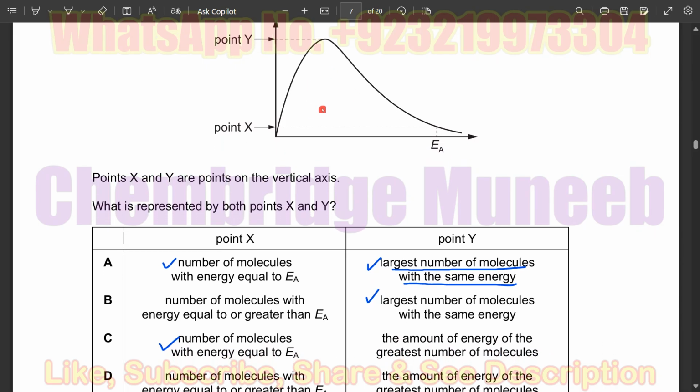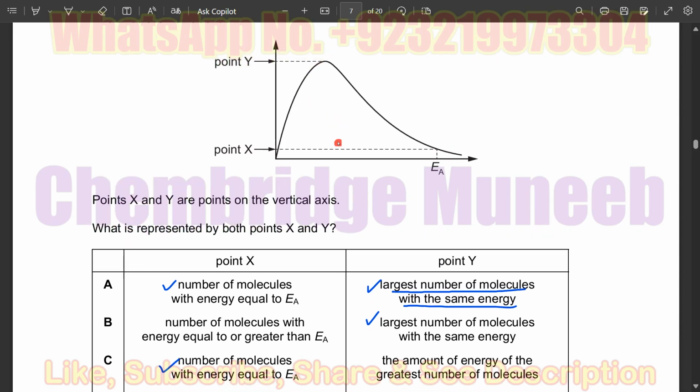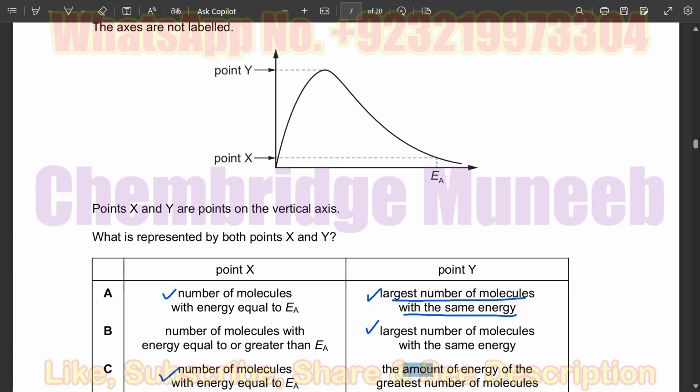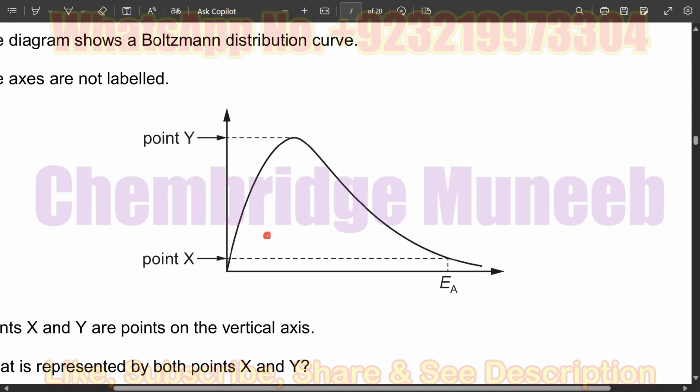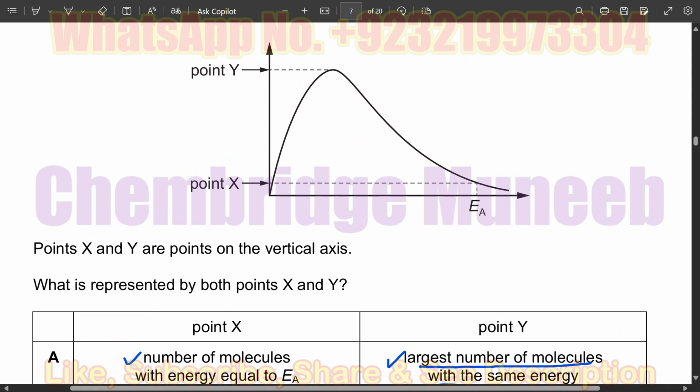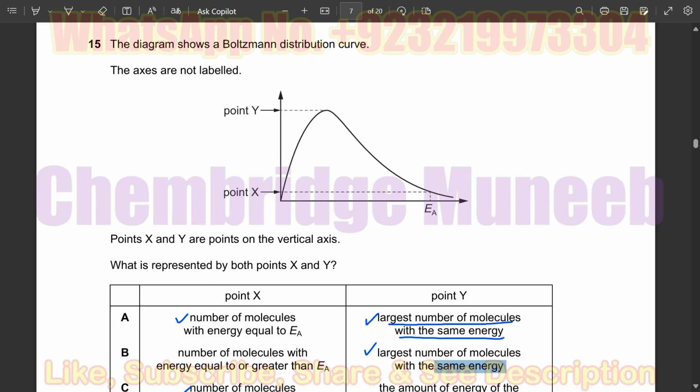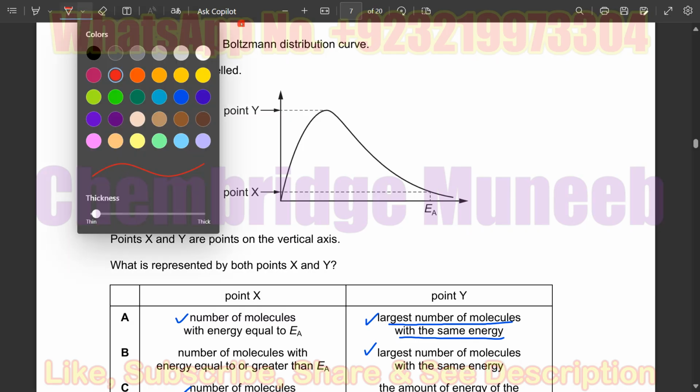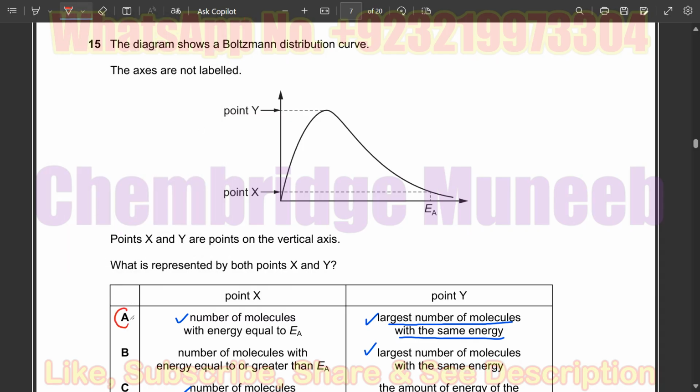We do not know the exact energy of those molecules. Basically, at this point, the energy is the same for the molecules, and they are the largest number. So we have two ticks over here. This indicates that option A is the right answer.